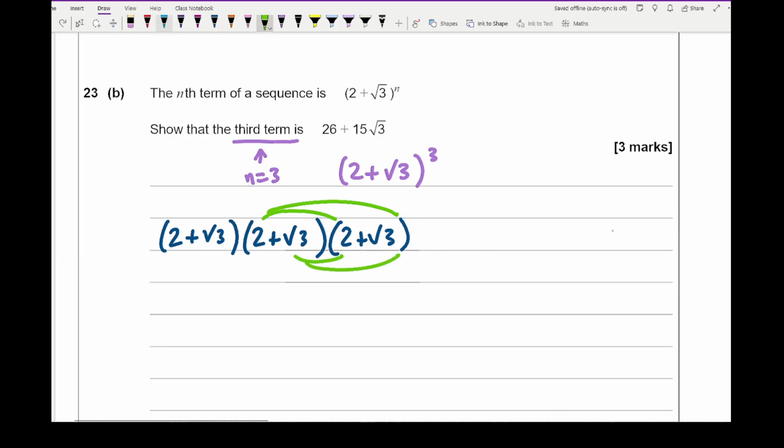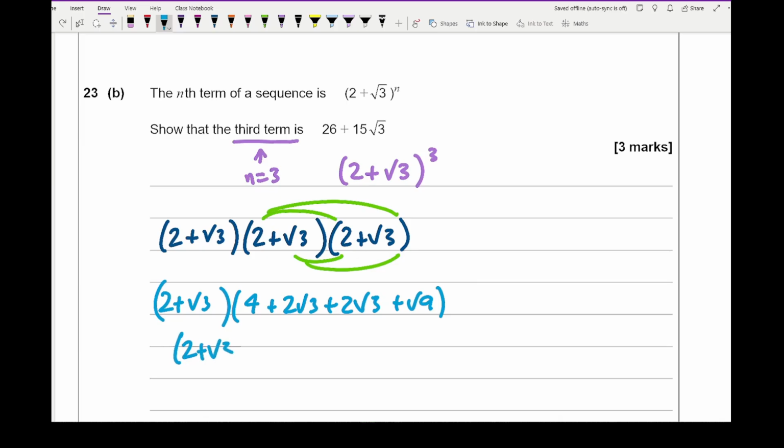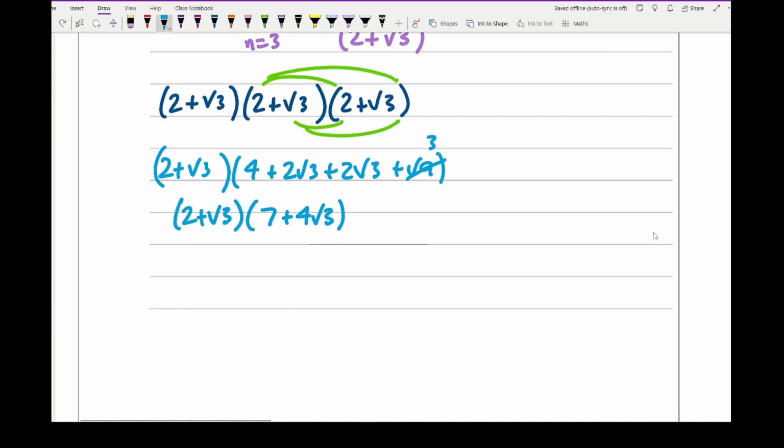So if I multiply each of those out, what I end up with is 4 plus 2 root 3 plus 2 root 3 plus root 9, which ultimately simplifies to 7 plus 4 root 3, all times my first bracket, 2 plus root 3. Now all that's left for me to then do is expand those brackets.